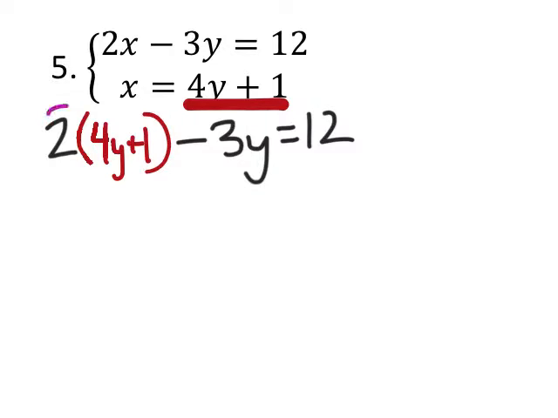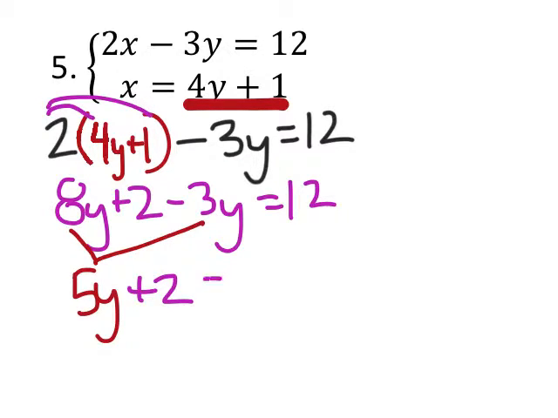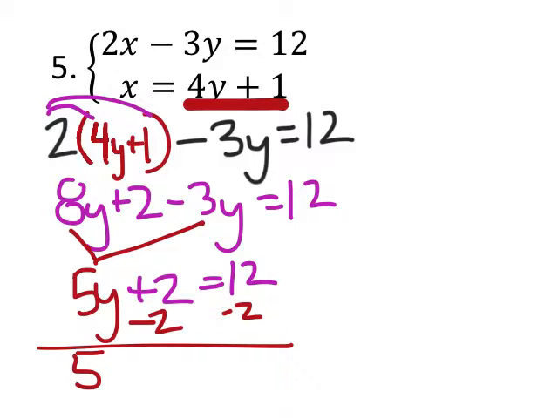Now to solve this, I need to distribute the 2. I got 8y plus 2 minus 3y equals 12. If I combine these two like terms, 8y minus 3y is 5y plus 2 equals 12. I'll subtract 2 from both sides, and I see that 5y equals 10, which gives me y equals 2.